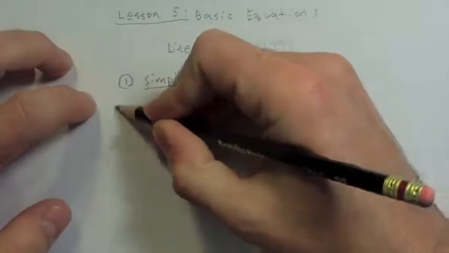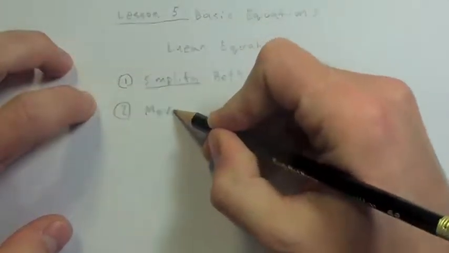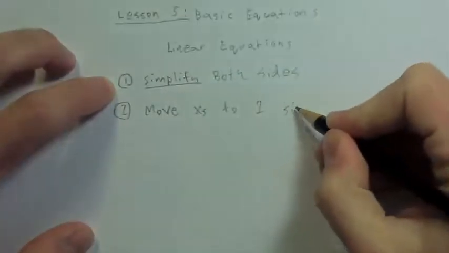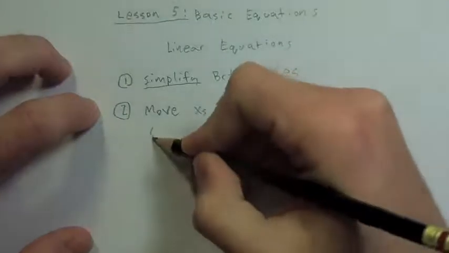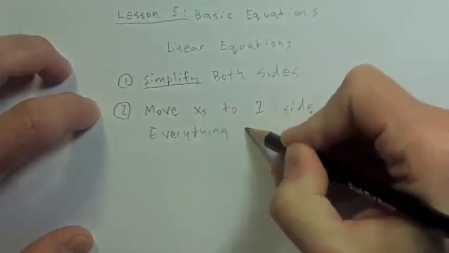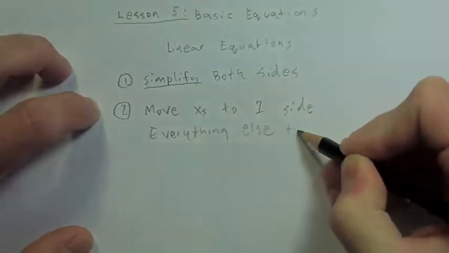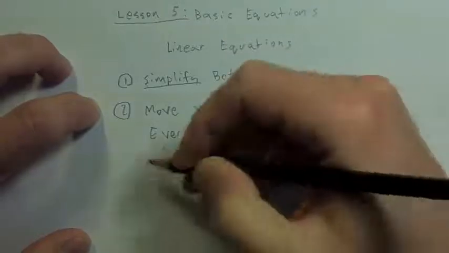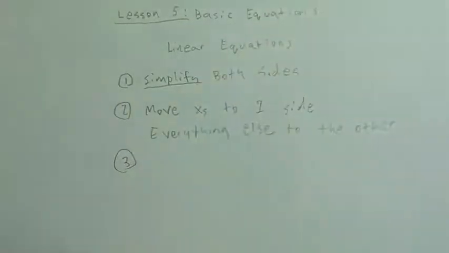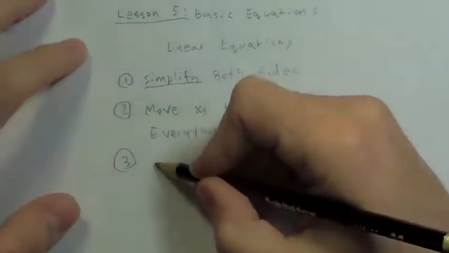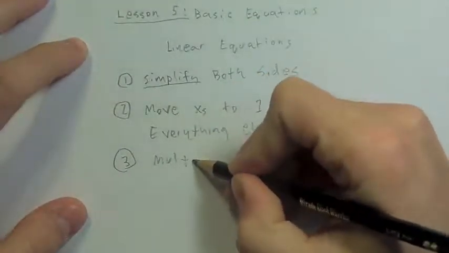Step 2 is you move x's to one side, and everything else, all your constants, to the other side. Okay. Then of course you're going to multiply or divide to get x all by itself, and that's it.